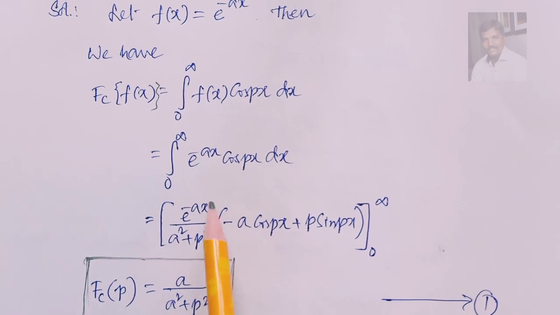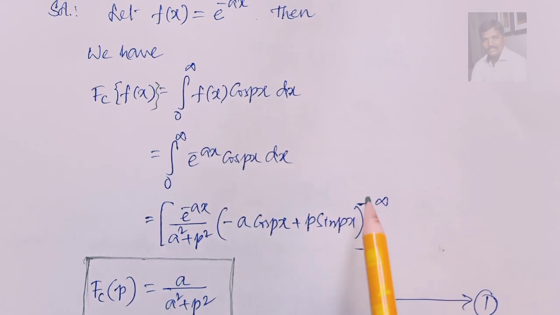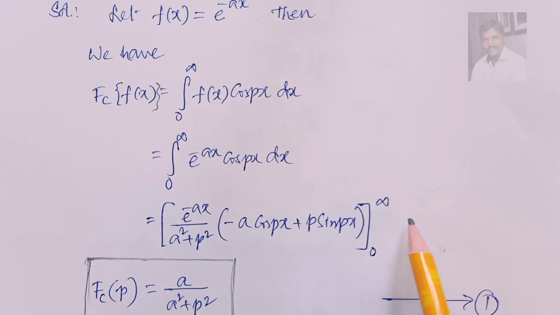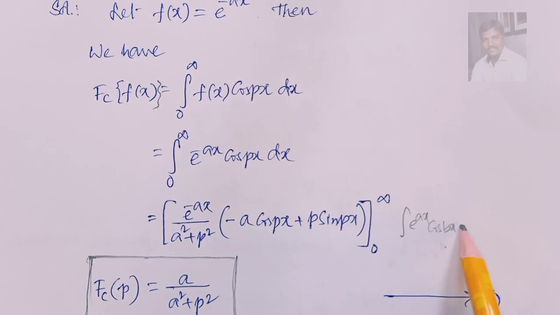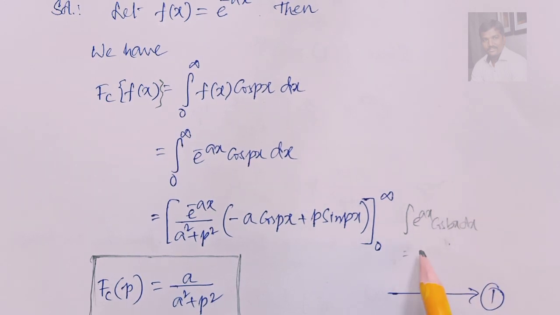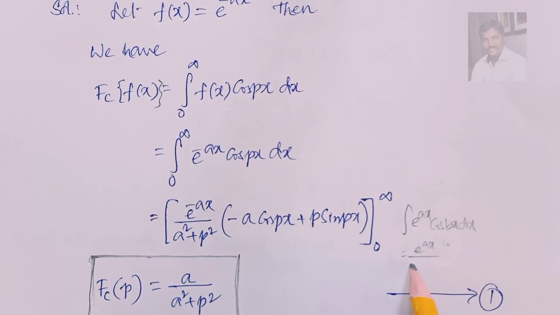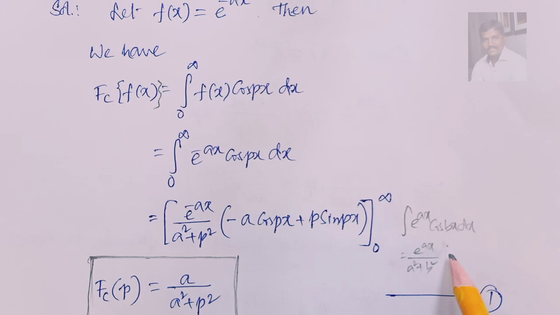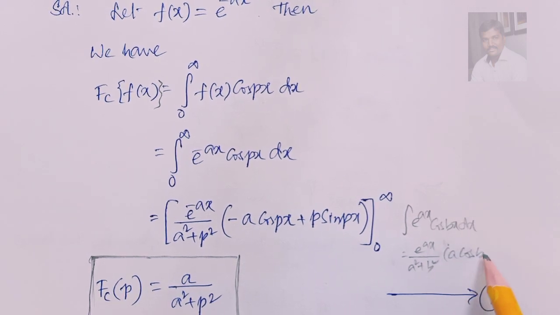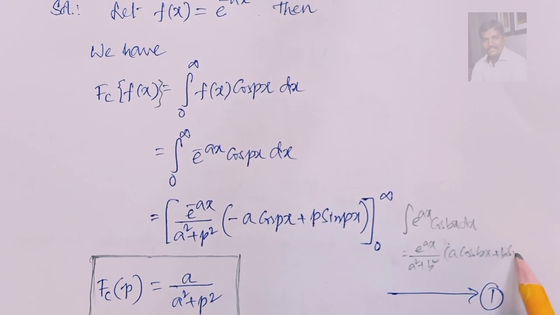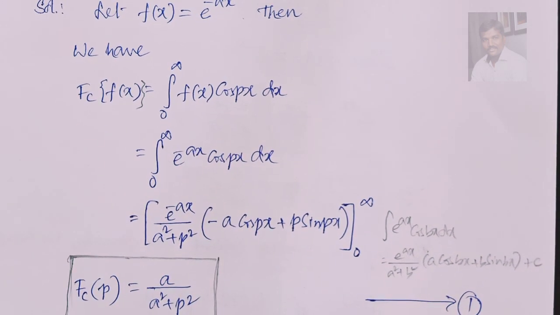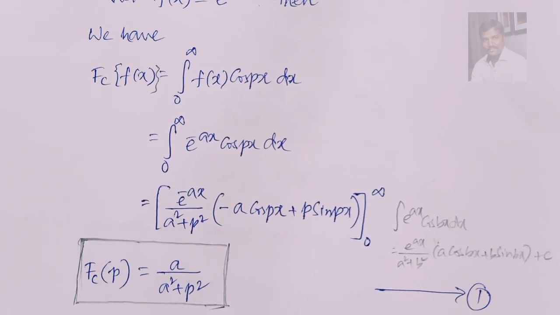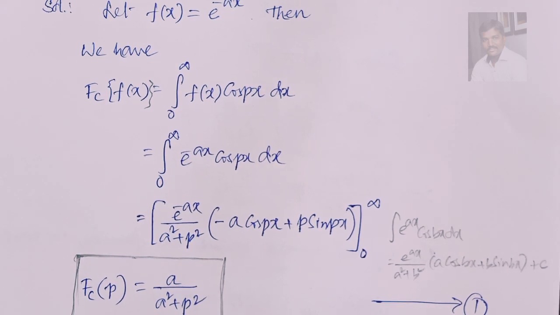We know the formula for the integral of e^(ax) cos bx dx: e^(ax) by (a² + b²) times (a cos bx + b sin bx) plus c. This is one important formula.